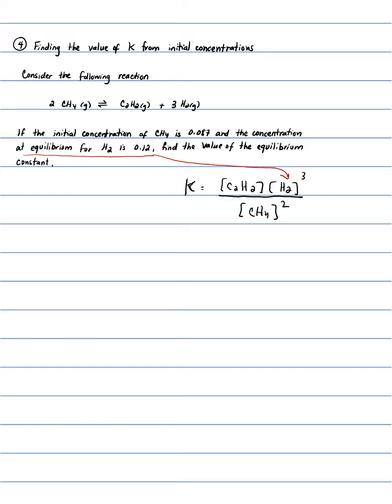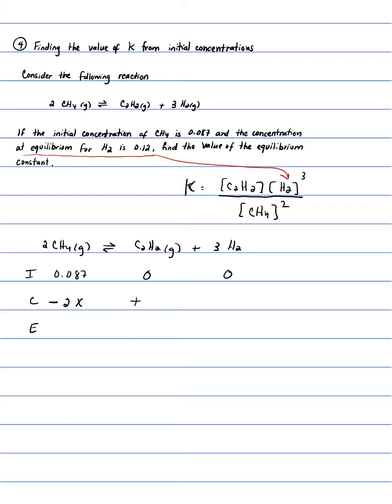So let's prepare the ICE table first. Initial concentration for your reactant, it's given right there in your problem. Initial concentration for the products, it's 0 because those are being formed. Now the change: the reactant is decreasing by 2x, always x.